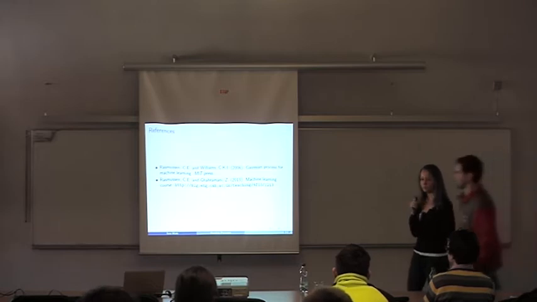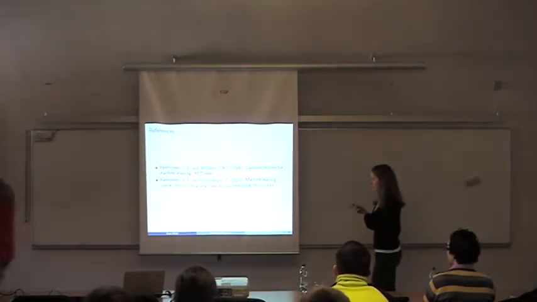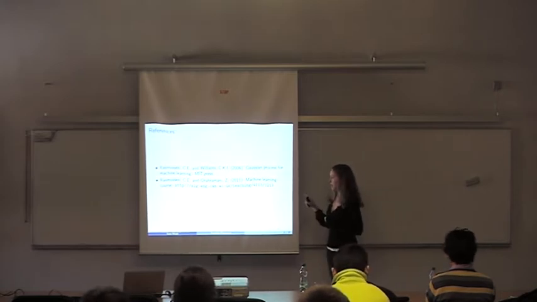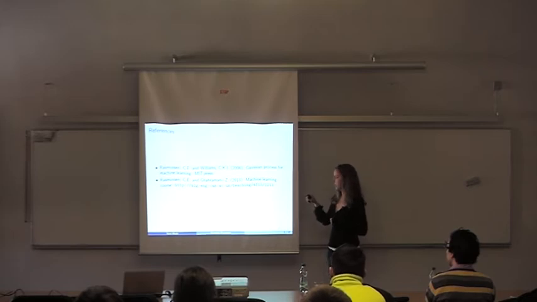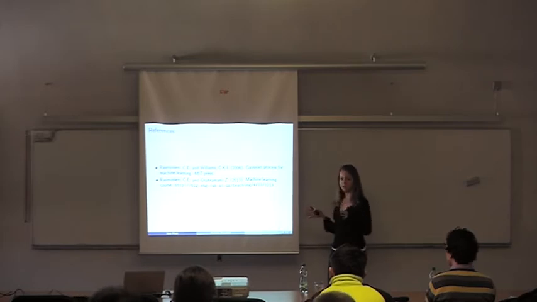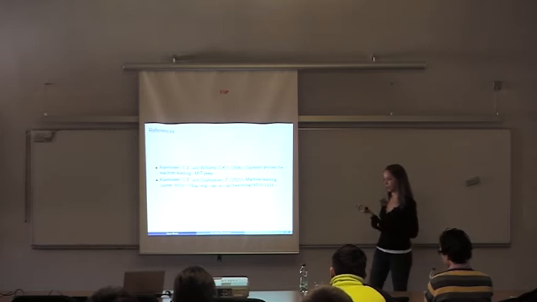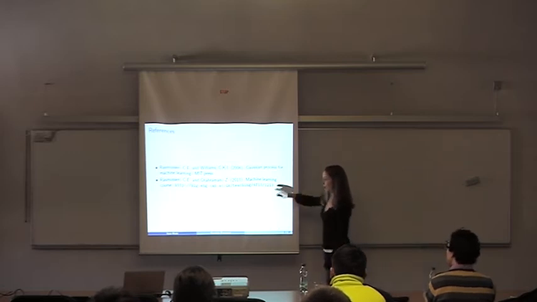Okay, let's start off with some references. What I'll be presenting today is mostly a summary of the lecture notes of Carl Rasmussen and Zubin Ghahramani's course on machine learning. And they have about 5 or 6 lectures dedicated to Bayesian regression and Gaussian processes. So if you want more details, check out their lecture notes.